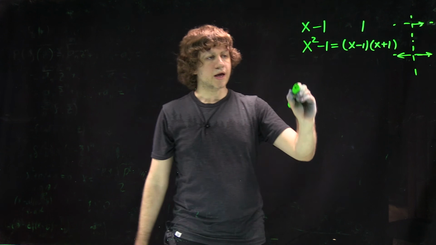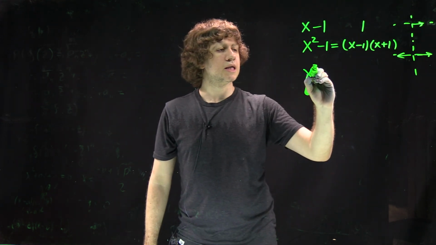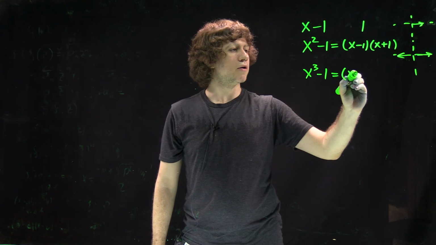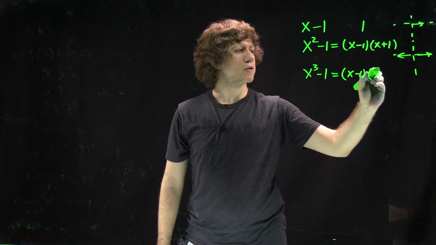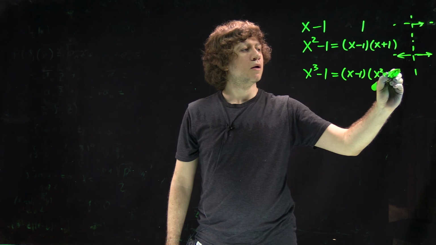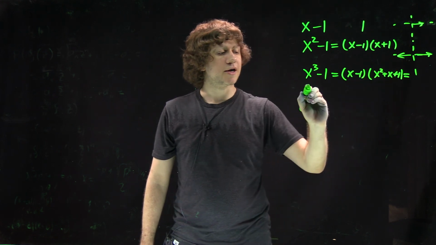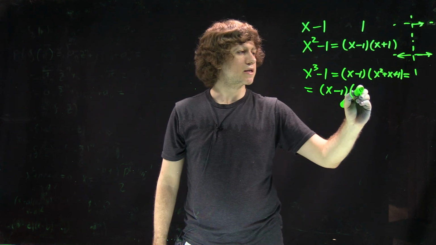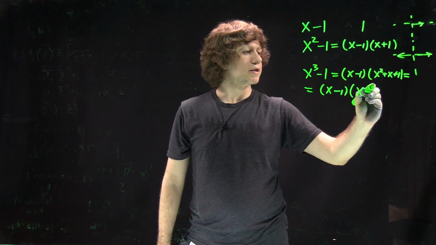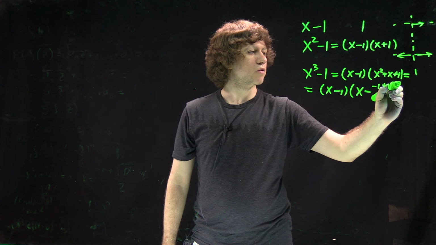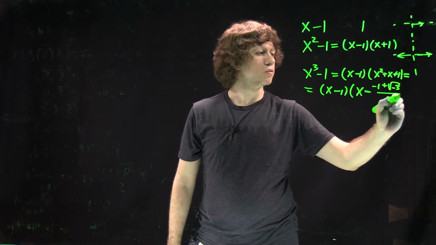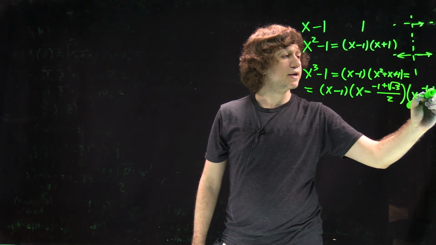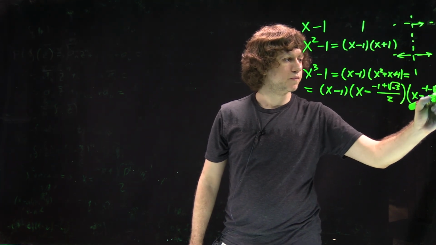So, okay, cubic equation, that's the first interesting case. Of course I can write it down as x minus 1 times x squared plus x plus 1. And for the second part, we already found the roots. So it is x minus 1 times x minus (minus 1 plus square root of minus 3 over 2) times x minus (minus 1 minus square root of minus 3 over 2).